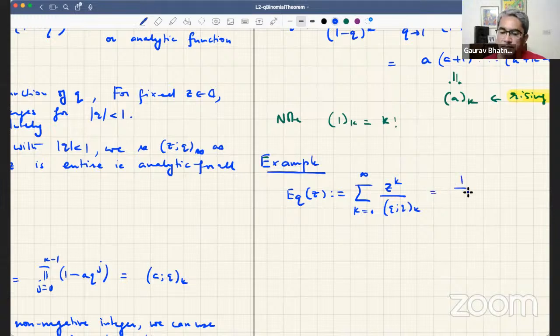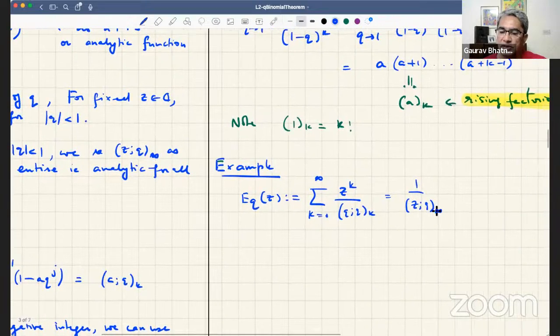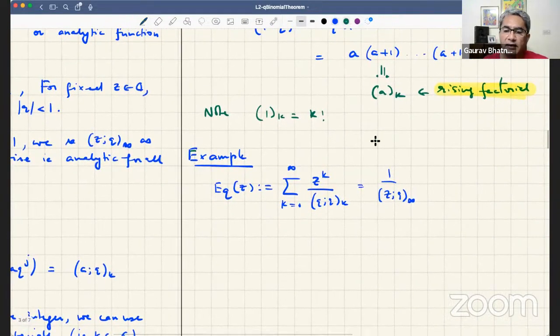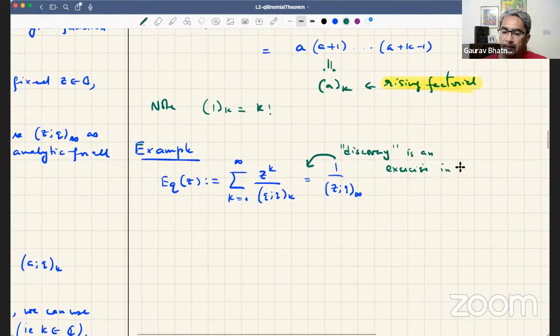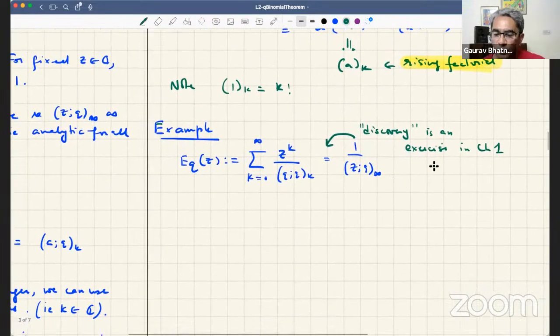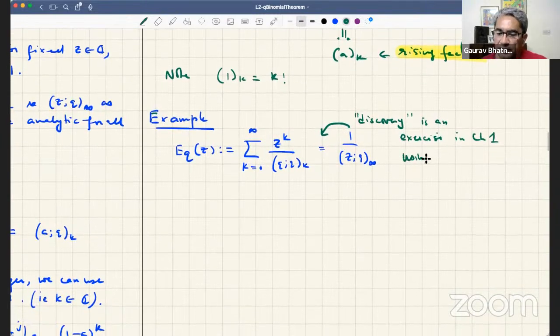This is equal to 1 over (z;q) infinity. This is a result of Euler, and the discovery of how to discover this is an exercise in chapter 1, by using Euler's trick.